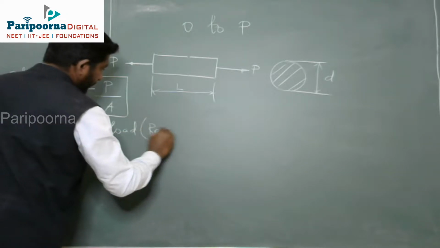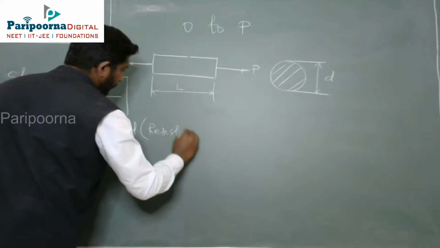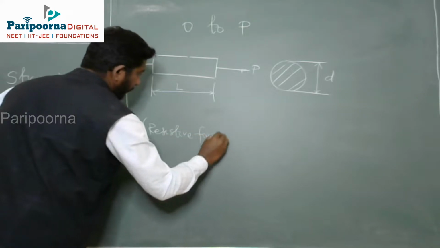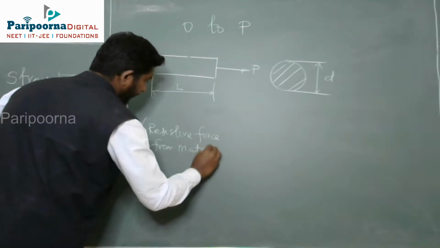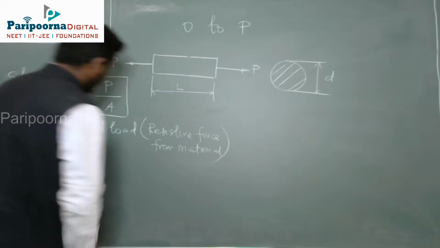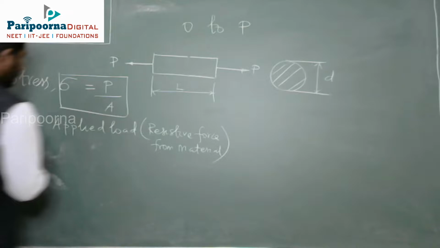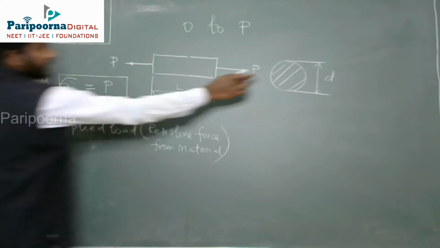Also, if this is equal to the resistive force from the material, then A is nothing but the cross section.